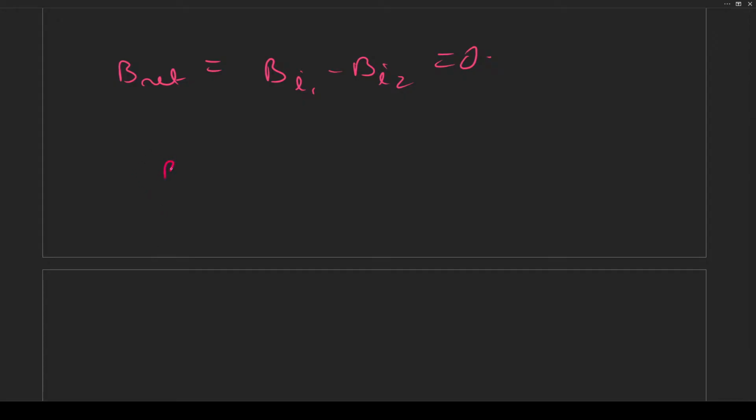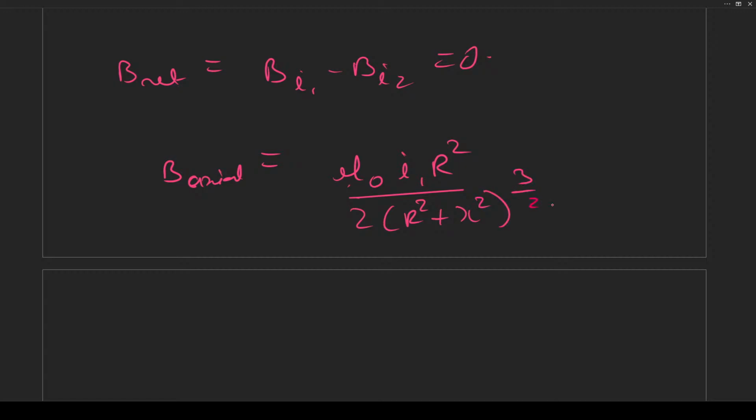So the axial B due to a circular loop is equal to mu naught I1 r square by 2 (r square plus x square) whole power 3 by 2.